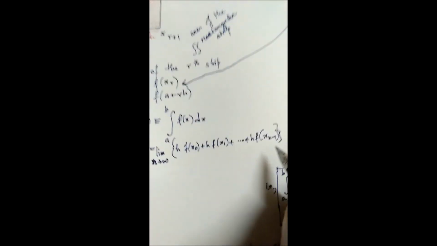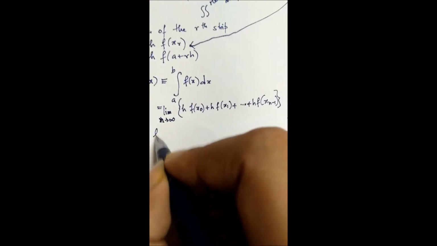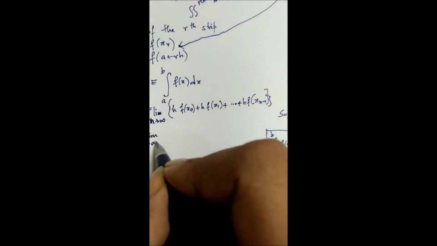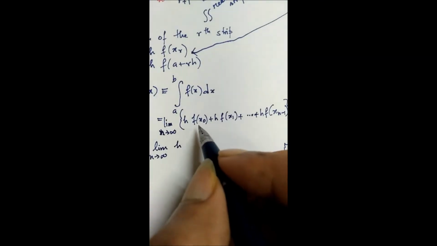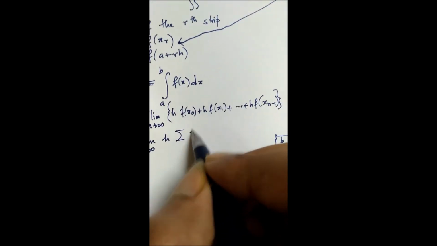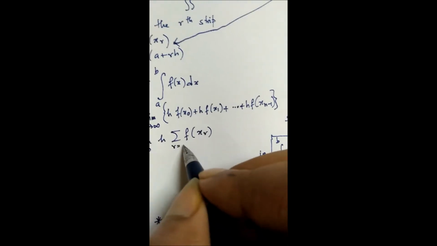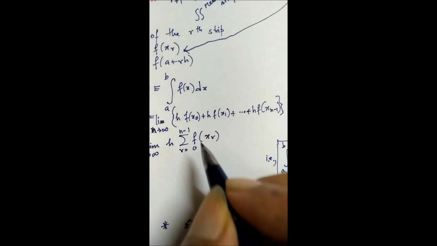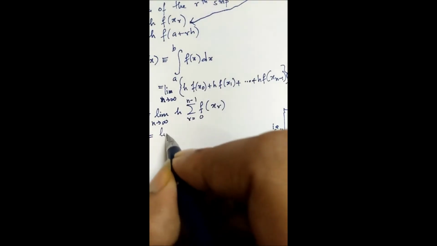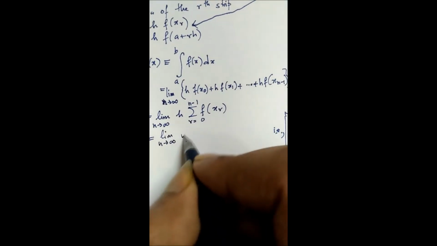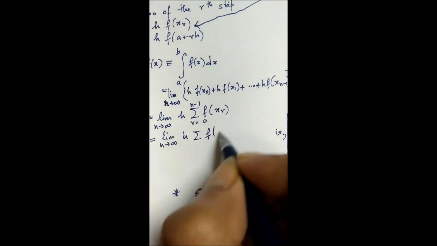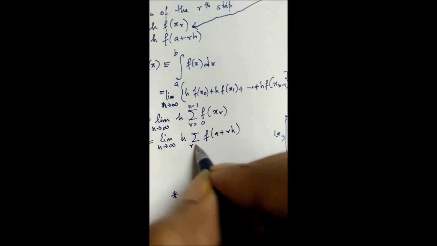Now can we do anything with this term? Of course we can. h can be taken common, and inside, f of x0 plus f of x1 and so on can be written as the summation of f of xr, where r ranges from 0 to n minus 1, right? Now as we have found, xr can be written as a plus rh. So here we have it.